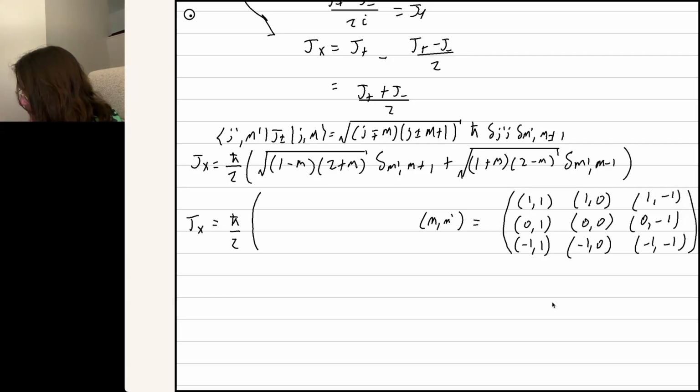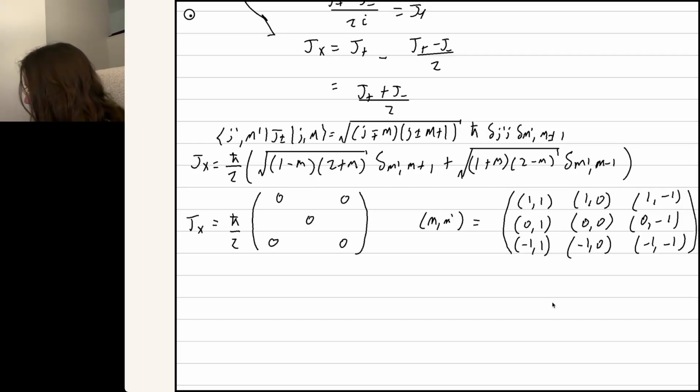So that means only the terms that have 0 and 1 are going to remain. Yeah. Only the terms that have 0 or 1 are going to remain. So all of these in this pattern here are 0.